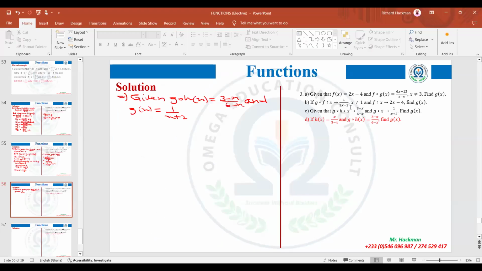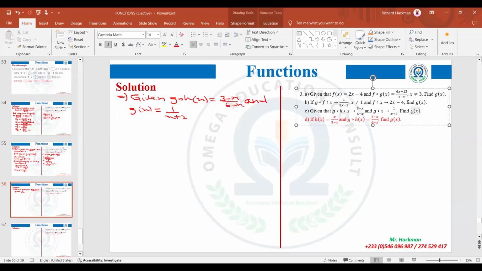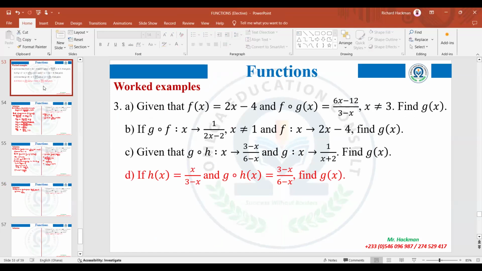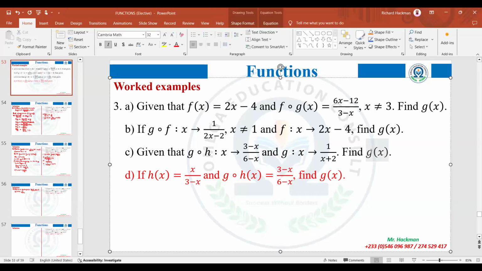So this will be h of x. It's possible it's in the main question as well, and yes, it is. So this will be h of x, because I usually copy and paste. I think we are good to go now.